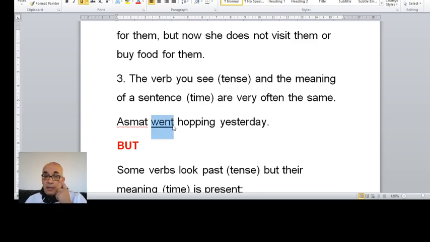What do I see? I see past. What is the meaning of the sentence? It is past. So I see past, and the meaning of the sentence is past. So the tense is past simple, and the time is past. The tense and the time are the same.